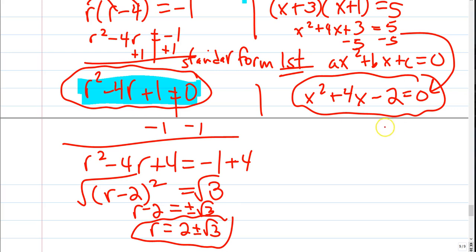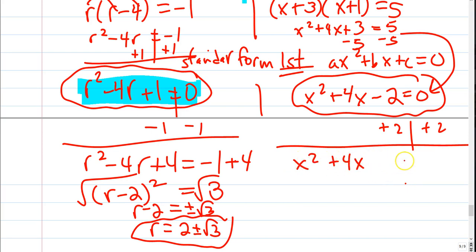Same with this one. Move the c. I like to leave some space here to complete the square. Kind of thinking ahead. x plus what? Well, 2 plus 2 is 4. What do I add to both sides? 2 times 2 is also 4.